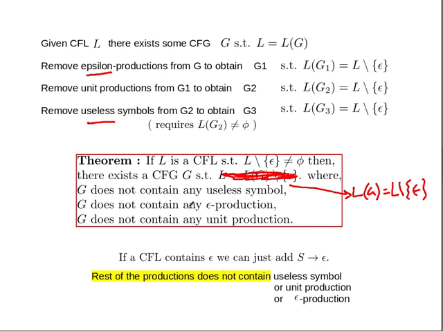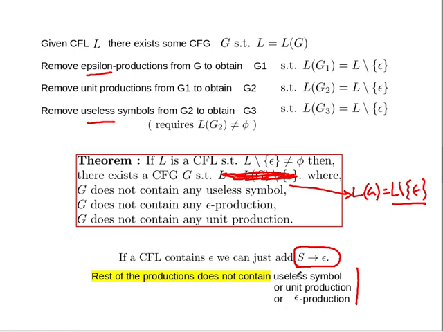And if our L contains epsilon, what we can do is we can take this part and first calculate all the productions which do not have any of this thing, and then just to introduce epsilon, we can just introduce this production. So this is quarantined into one separate production. All the other productions are quite nice.